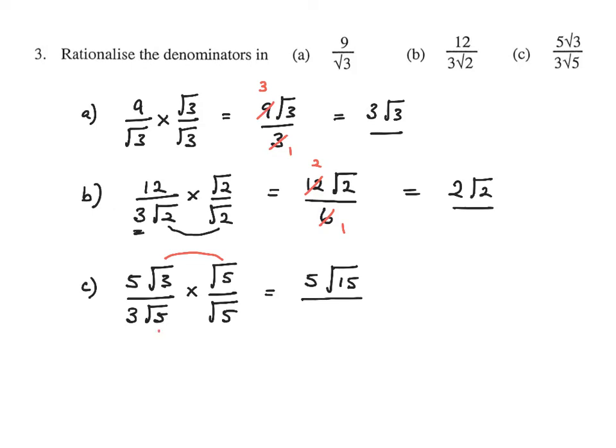And these two multiply together to give me a 5. So that 5 times this 3 gives me 15. I have 5 on the top. 5 goes into itself once and into 15 3 times. The final answer then is root 15 over 3.